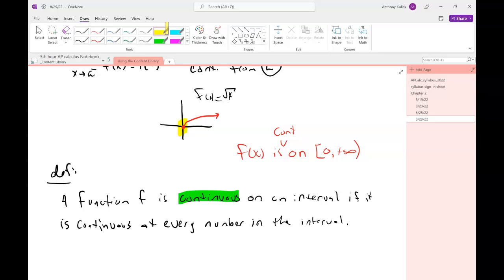Is everybody okay with that? So we would still say this is continuous over its entire domain, even though at 0 it's only continuous from the right. But because there's no more function before that, it's okay. Is that all right?